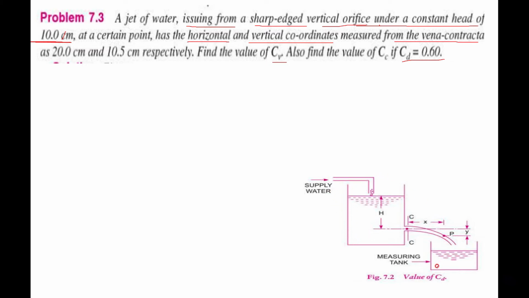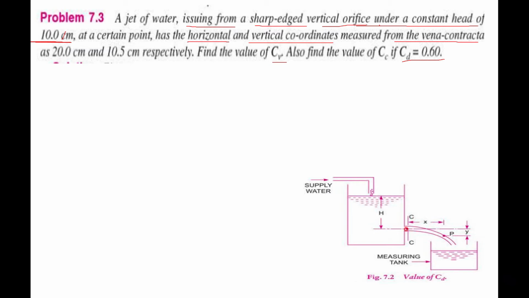This is the tank which has a head of water from the center of the orifice as H. This is the supply of water into the tank, and this tank is discharging into another tank, called the measuring tank. In this measuring tank the water is collected, and let us mark the vena contracta region, that is CC, as you know the definition of vena contracta.